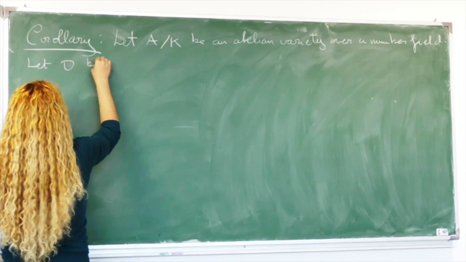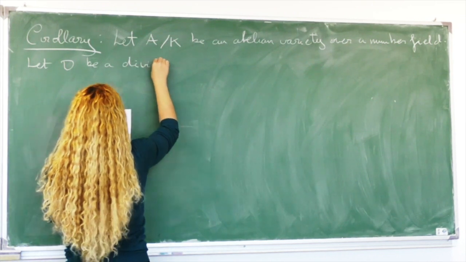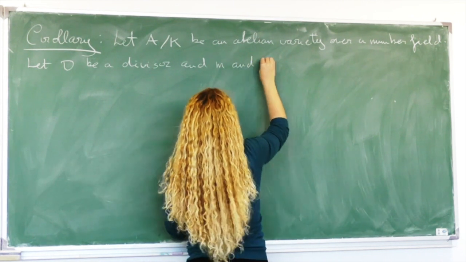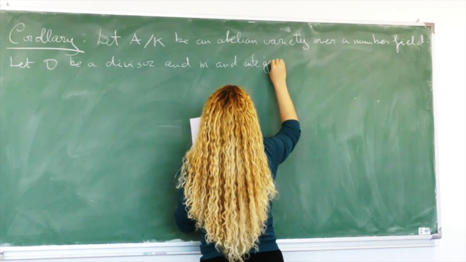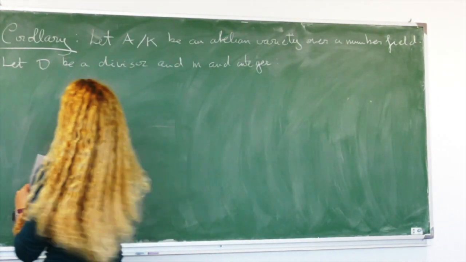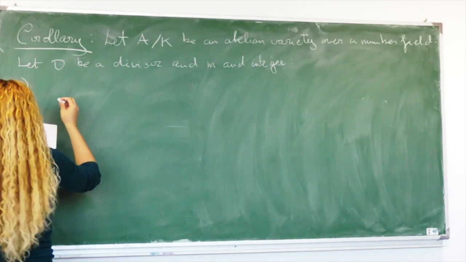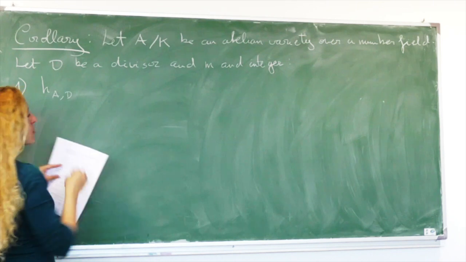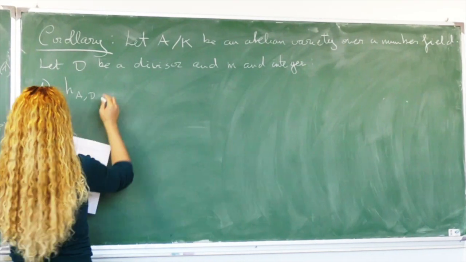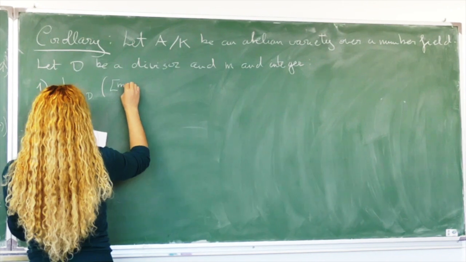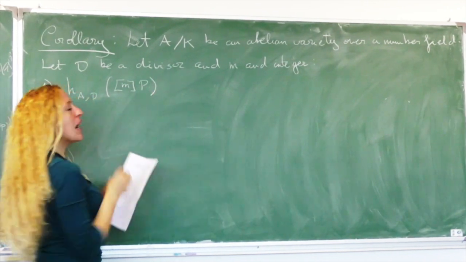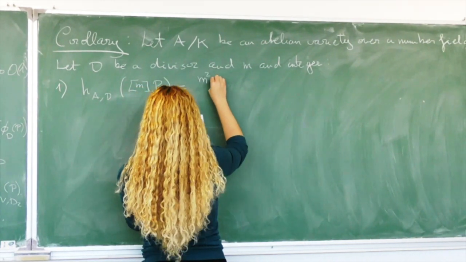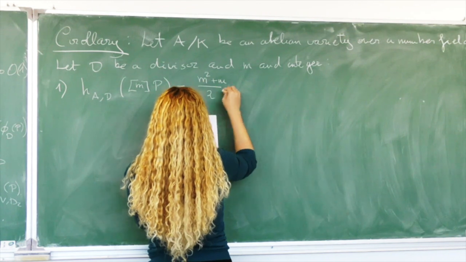Let T be a divisor, and m an integer. Then we have the following properties. One: the height on the abelian variety A associated to the divisor T, evaluated at m times a point P, is equal to the following: (m squared plus m) divided by 2.